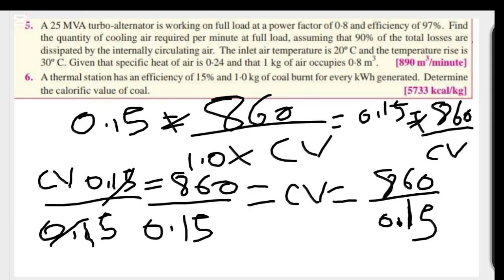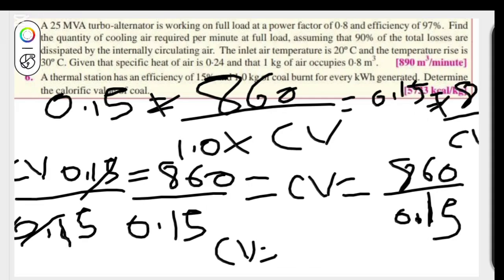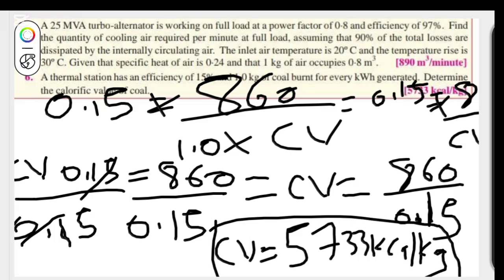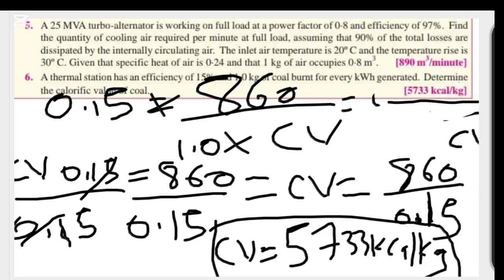At the end, I'll get 5,733 kilocal per kg. Let me check whether we are right. 5,733 kilocal per kg is our final solution.